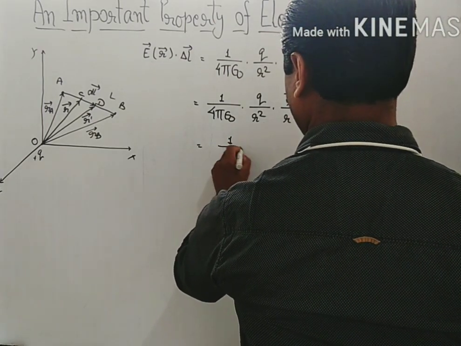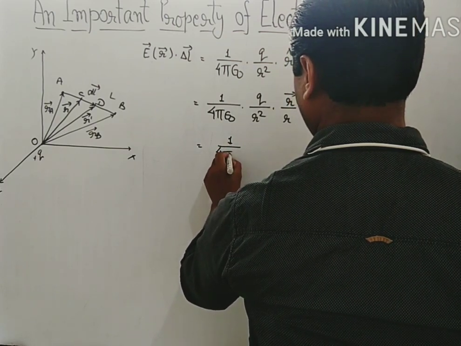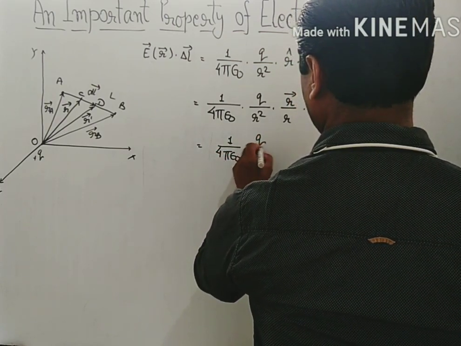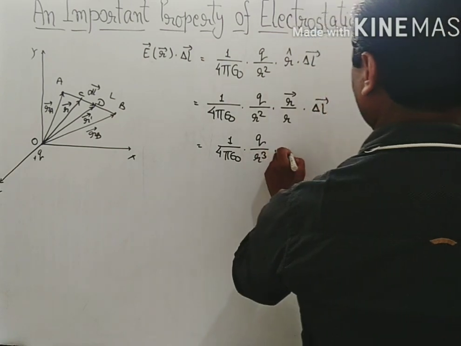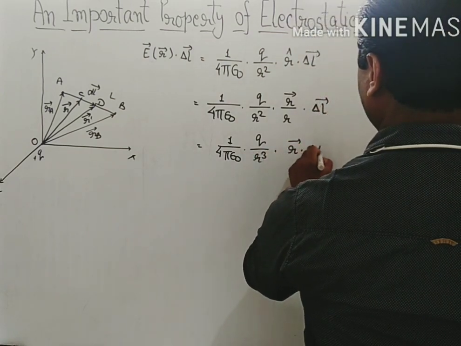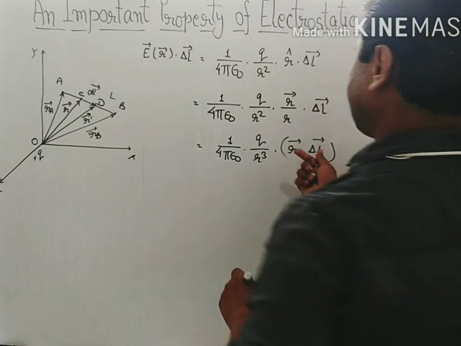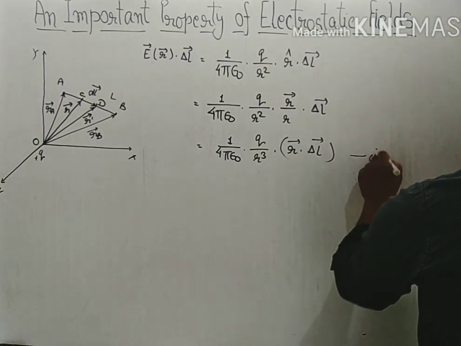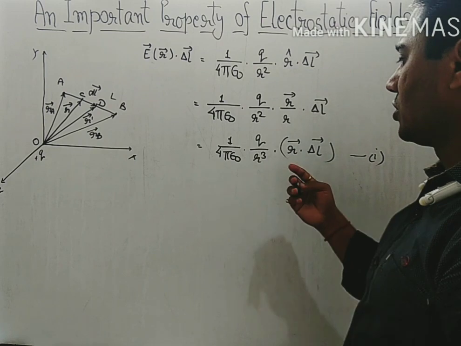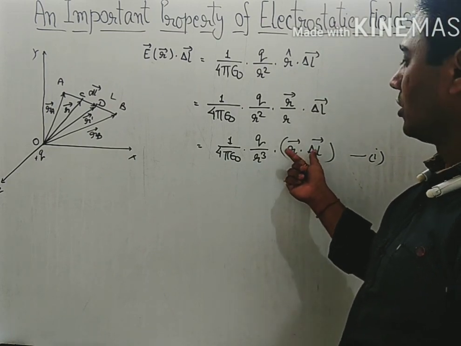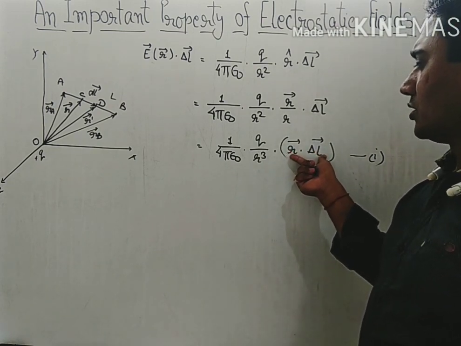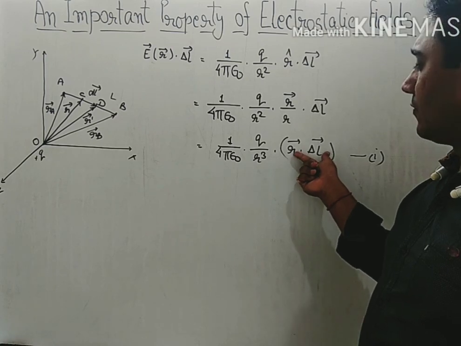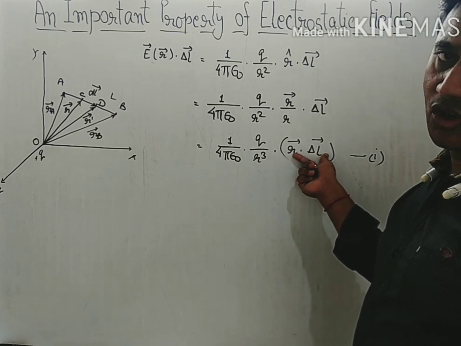So this is 1 upon 4 pi epsilon naught into Q upon r cube. Now this vector r dot vector L needs to be calculated. Let me call this equation number 1. We'll be coming back to this equation. Now we are approaching the calculation of the value of this product, vector r dot vector L.